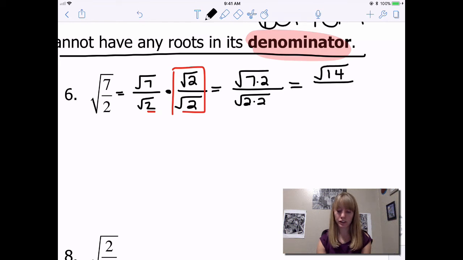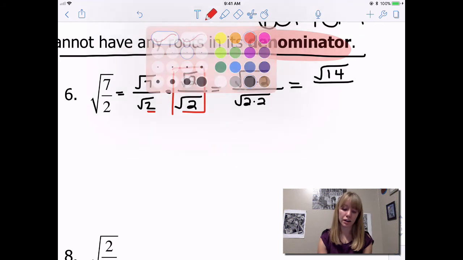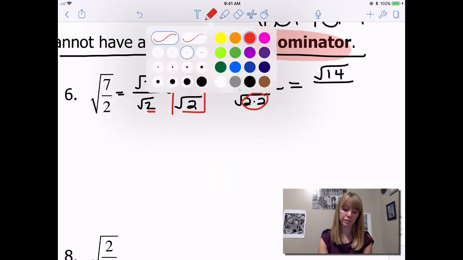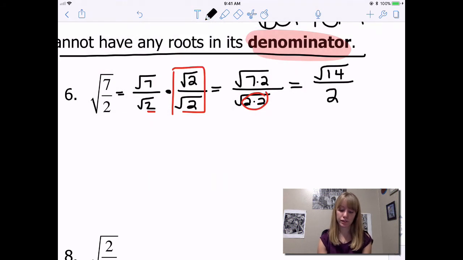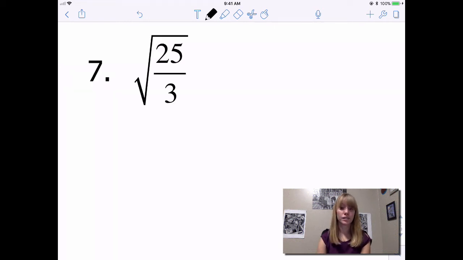There were no pairs for me to circle, so that's fine. And then I've got my pair on the bottom. I've solved the problem of my radical in the denominator, so radical 14 over 2 is my final answer.